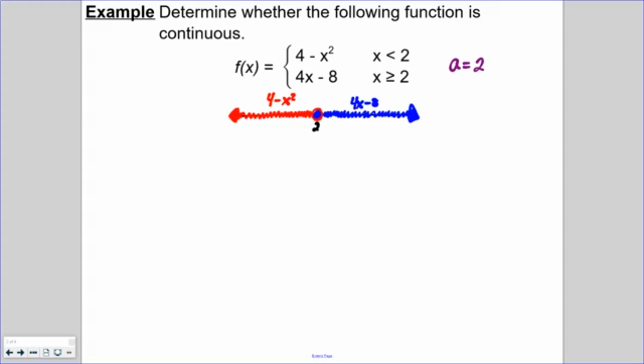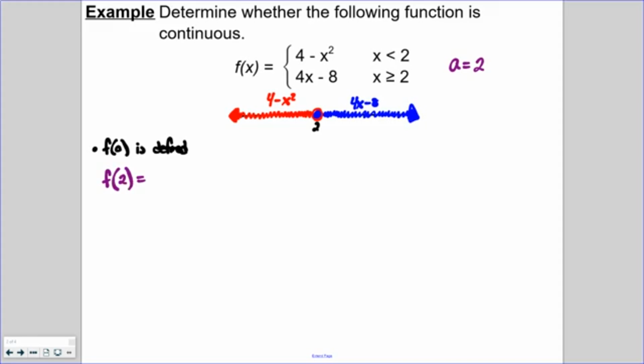Alright, so now that we have that figured out, we can look at our conditions of continuity. Now let's remember our first condition is that f of a is defined. So all that means is we need to take our a value, which is 2, plug it into our function, and see if it outputs a y value. So we're going to be looking for f of 2.